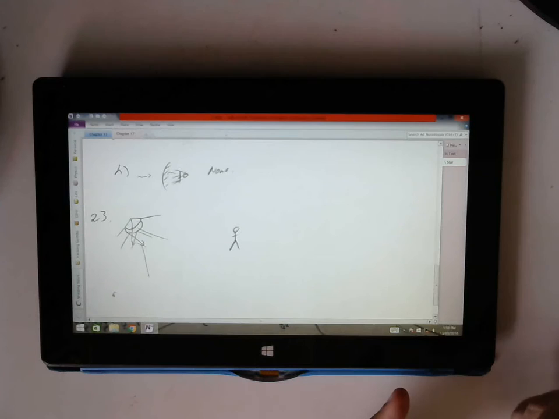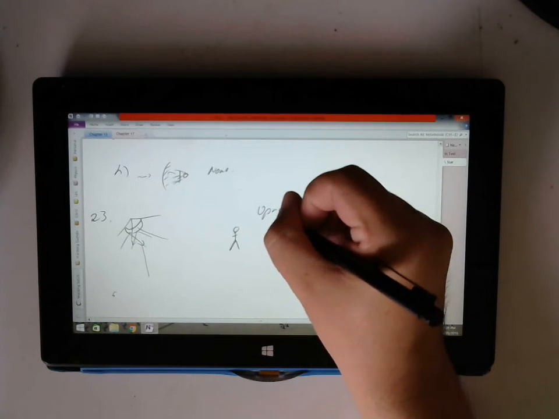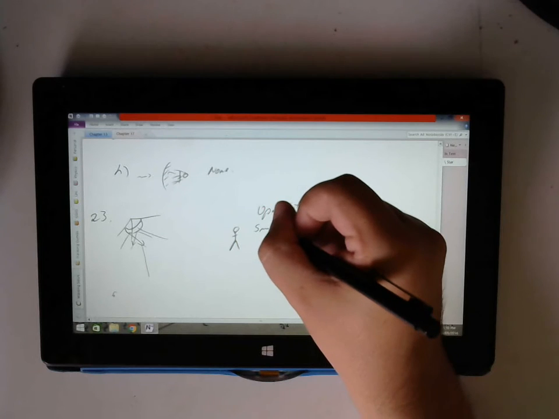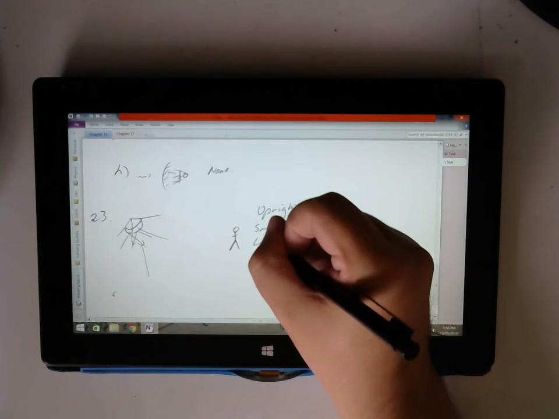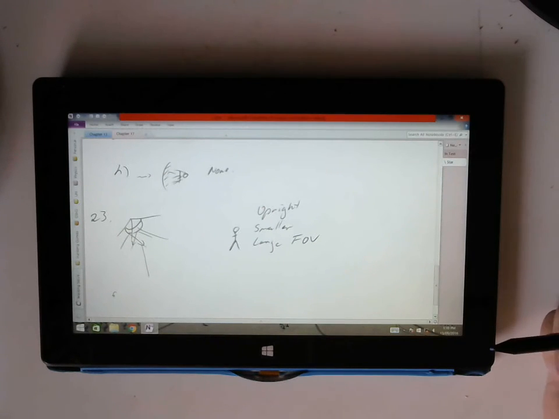So they're giving you upright images, they're a little bit smaller, and they give a very wide field of view. So let's list those out. So upright, smaller, large field of view. Good things for security.